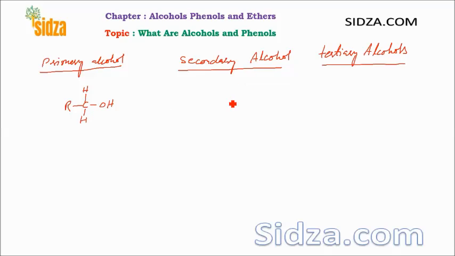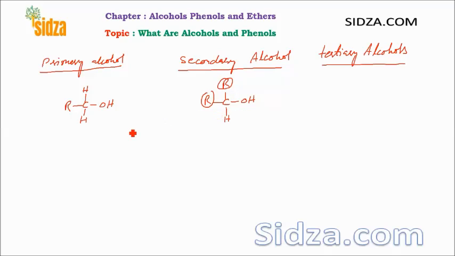In secondary alcohol, the carbon attached with the hydroxyl group has two alkyl groups and a hydrogen atom. These alkyl groups may be the same or they may be different, right? This is the secondary alcohol.